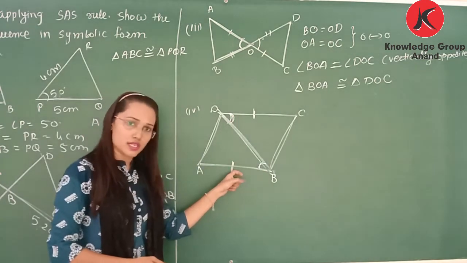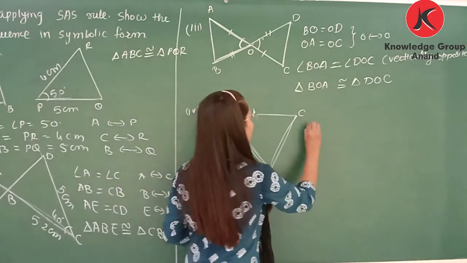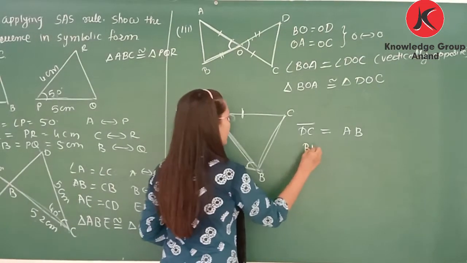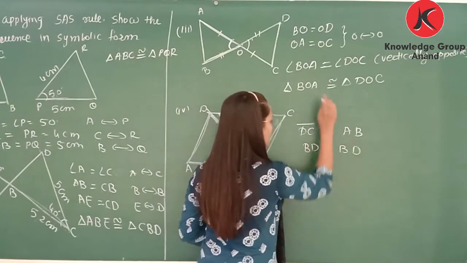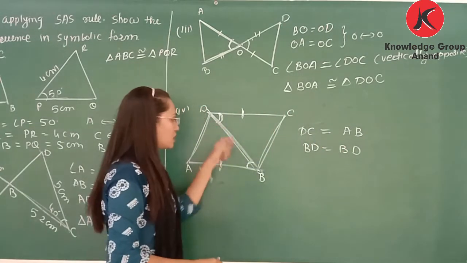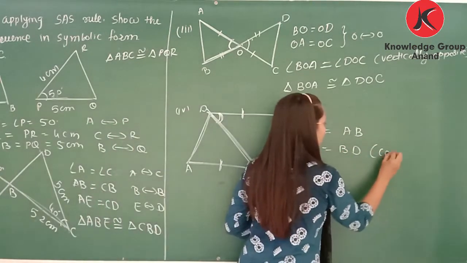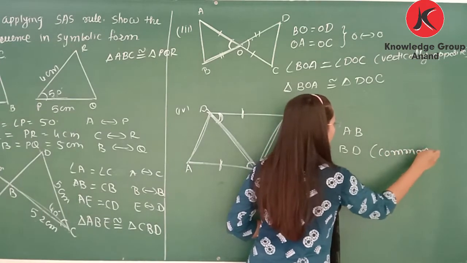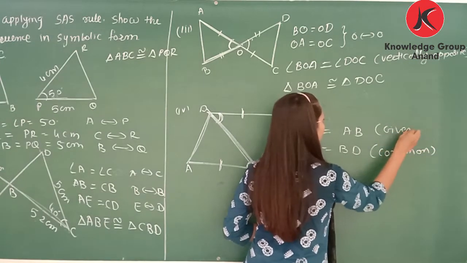This represents the same. So we can write BD is equal to BD. The reason is what? It is a common side. So you can write in the bracket, it is common, and this one is given.